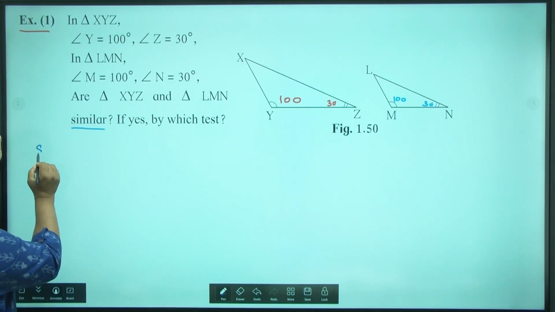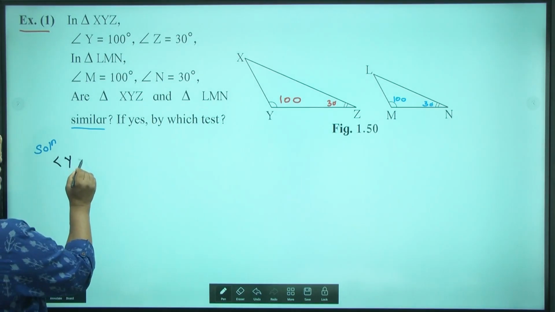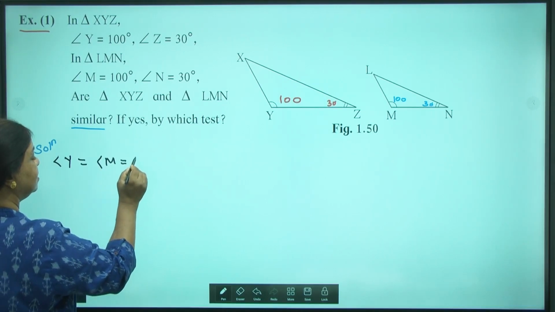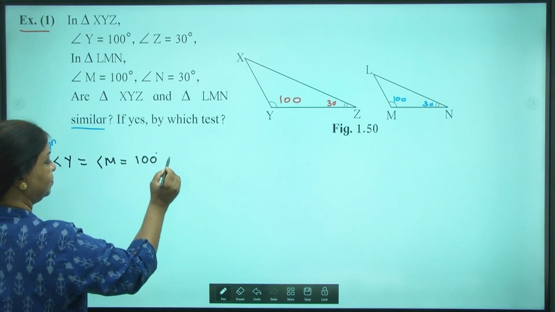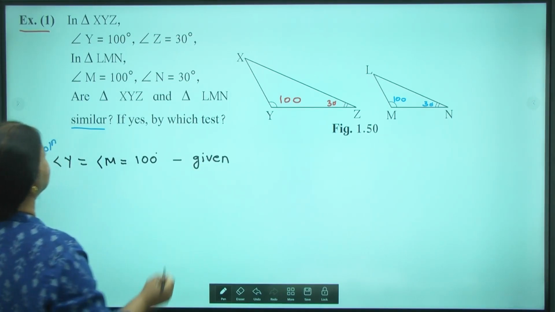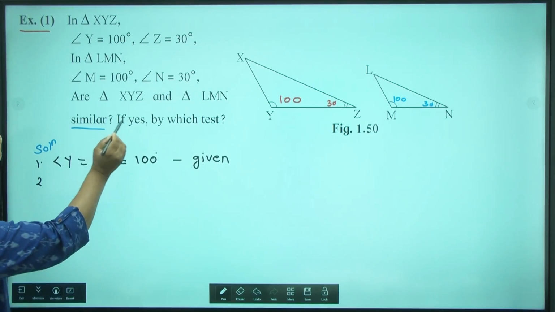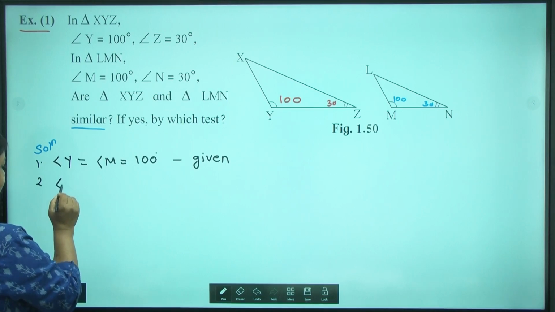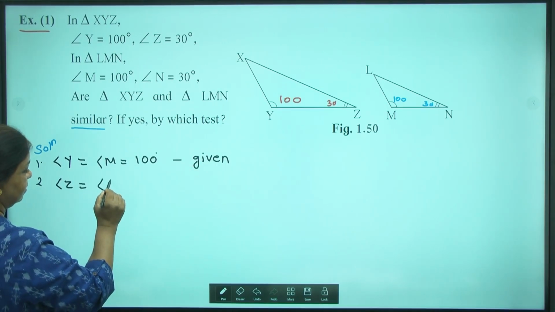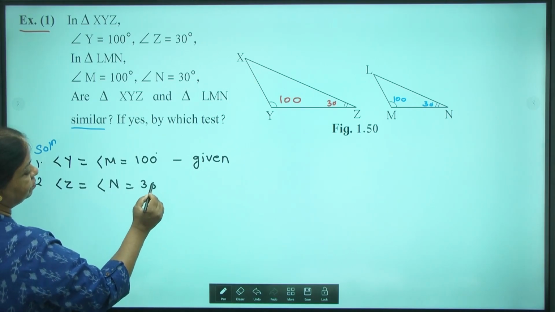I can begin with the solution. See, angle Y is equal to angle M, and why is it? Because it is given 100 degrees. This is the first point. Second point, angle Z is equal to angle N, which is equal to 30 degrees, given.